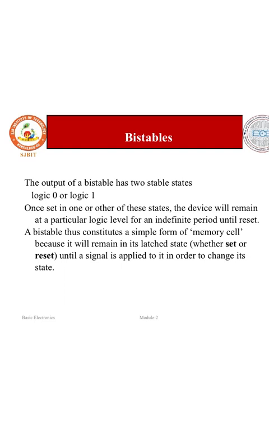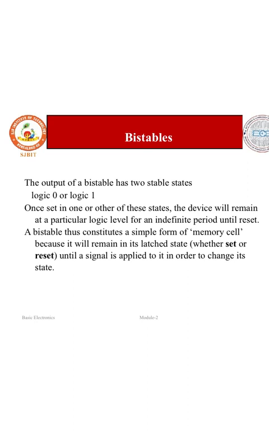So a bistable thus constitutes a simple form of memory cell because it will remain in its latch state until a signal is applied to it in order to change its state. So what did you understand here? A bistable is nothing but it has two stable states.